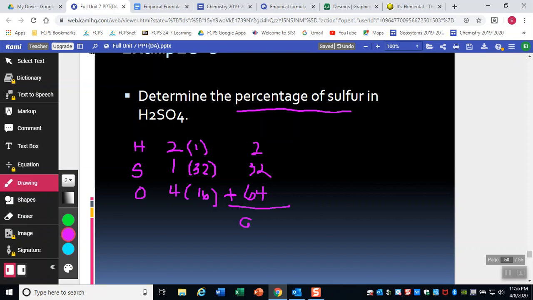So that would be 98 grams per mole. All right. And I figured out how much sulfur I've got, so I'm just going to divide 32 by 98 and times by 100.